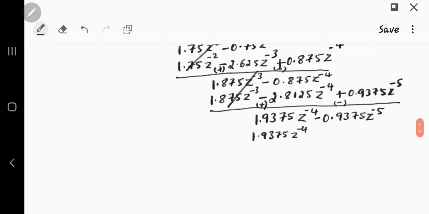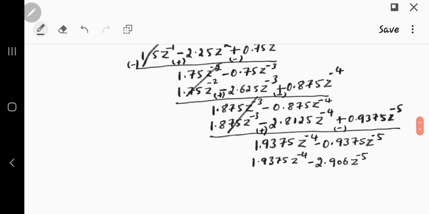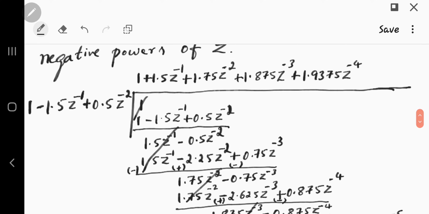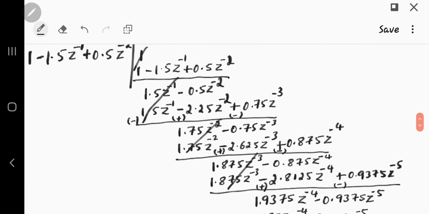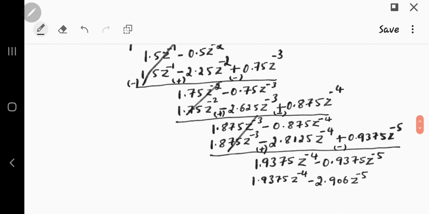So that will give you 2.906 Z power minus 5 and 0.5 into 1.93, you should get somewhere between 0.9 some value Z to the power of minus 6 here.